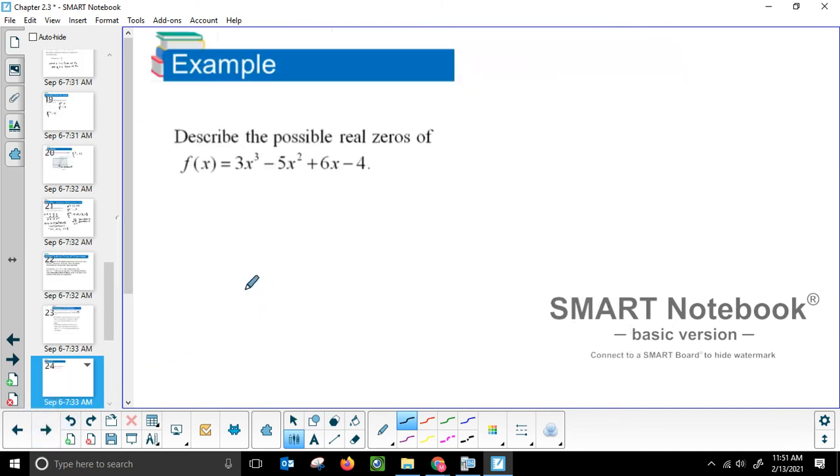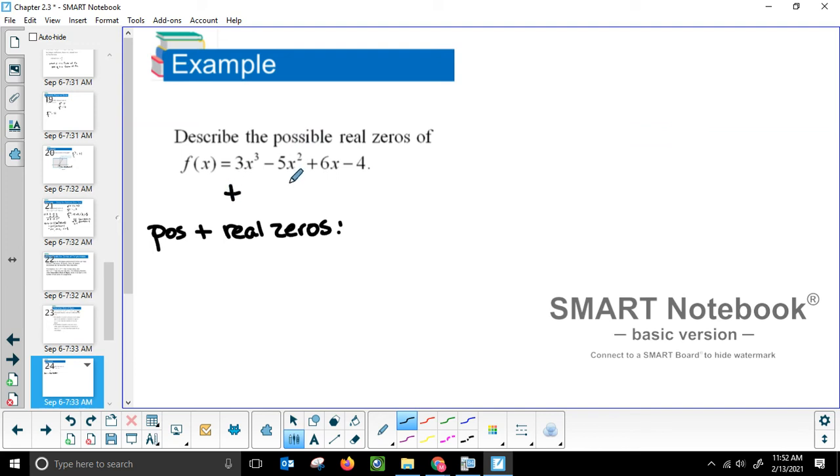Describe the possible real zeros of f of x equals 3x cubed minus 5x squared plus 6x minus 4. First we're going to talk about possible positive real zeros. We just look at the number of sign changes.